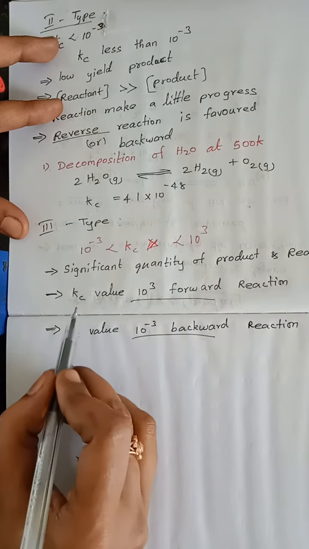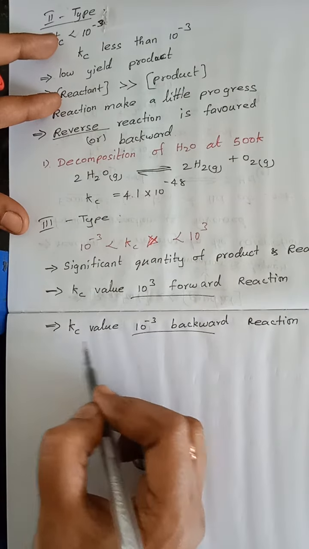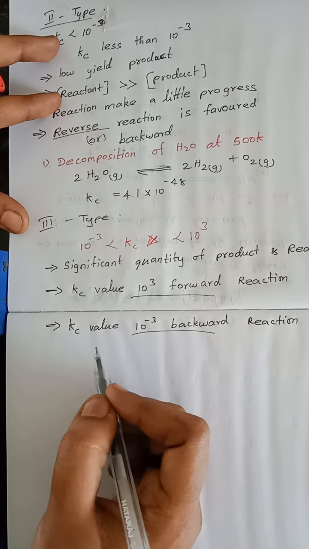So the Kc value 10 to the power 3 means forward reaction. The Kc value 10 to the power minus 3 means backward reaction or reverse reaction.